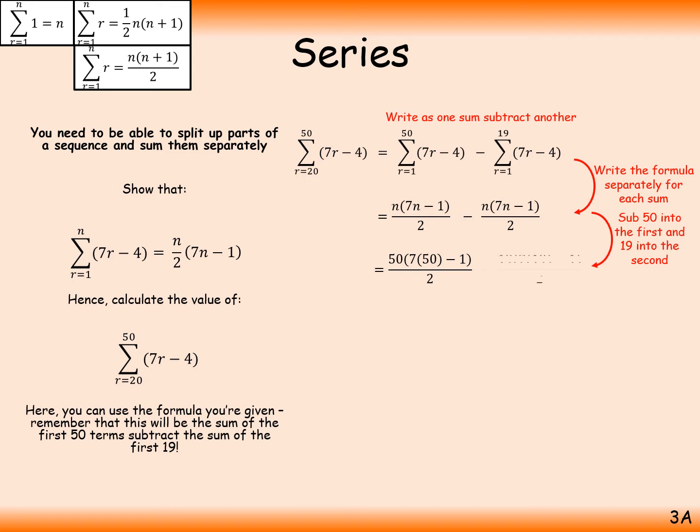So you're replacing n with 50. And for the second one, we're going all the way up to 19. Remember, 19, it has to be 1 less than the r equal to 20. So n would be 19 in this case. So if you calculate each one and subtract, we get 7,471.